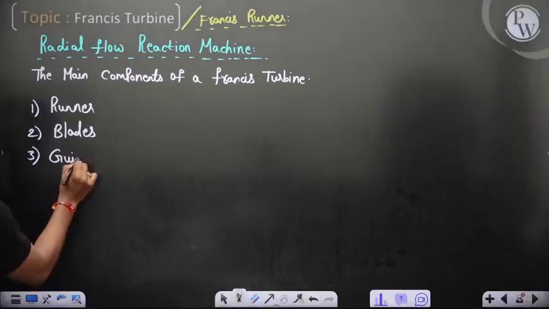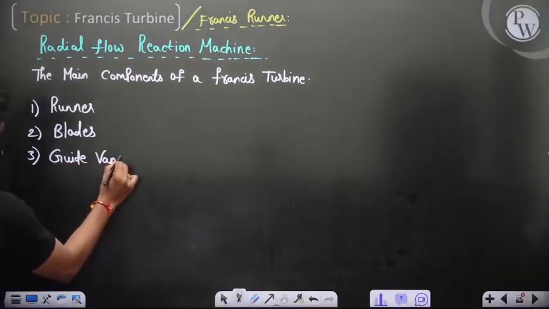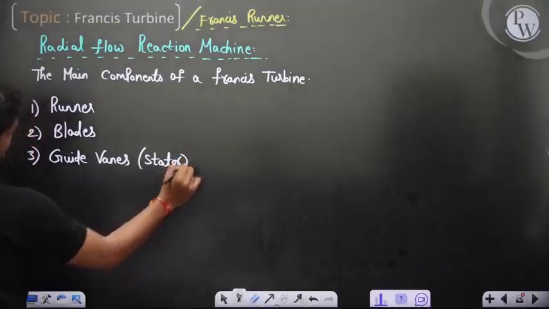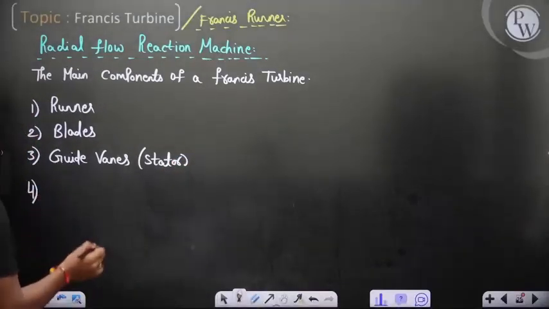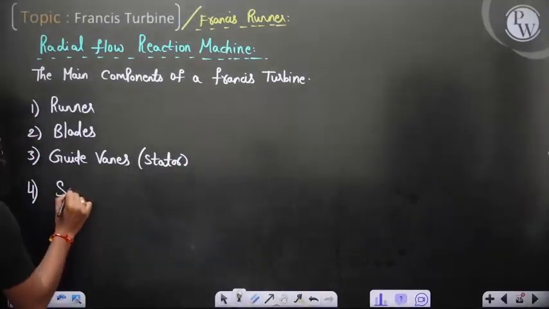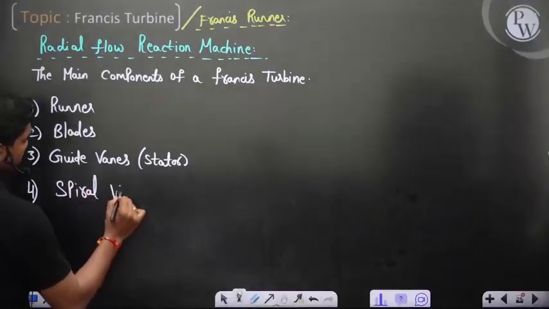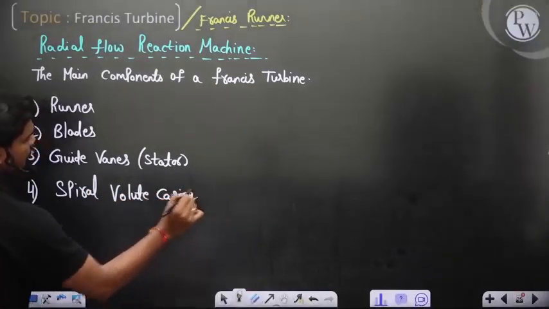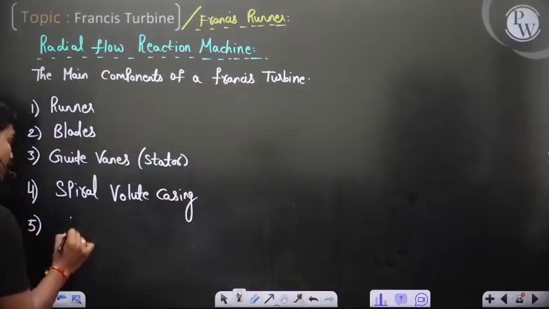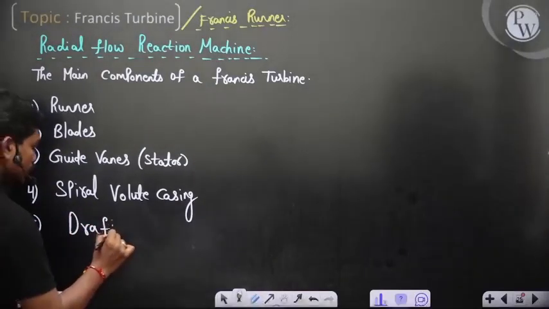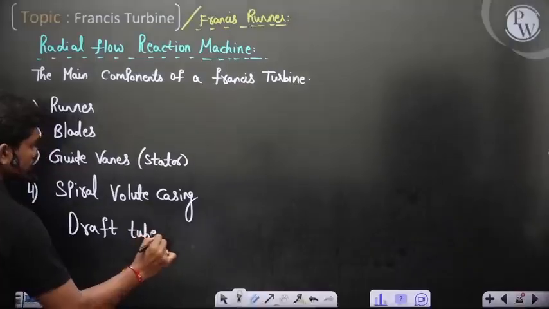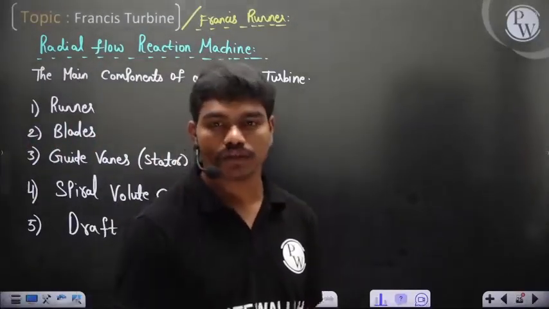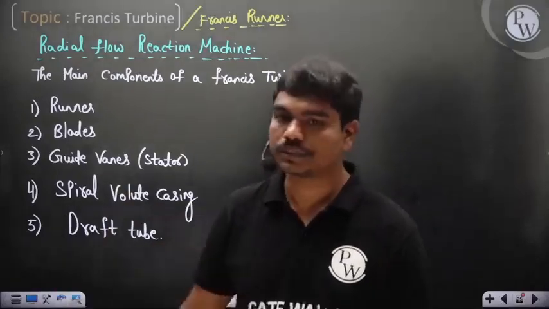We have the guide vanes, also called the stator. And then we have the most important component, the spiral volute casing. I've seen a Francis runner many times actually. It has also got the draft tube, which is again a very important thing to look at. So these are the things that you have majorly. You have a lot of auxiliary components and all, but these are the main things which make the turbine operate at least.